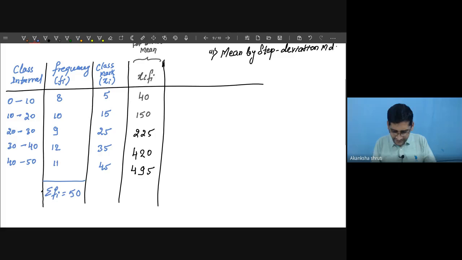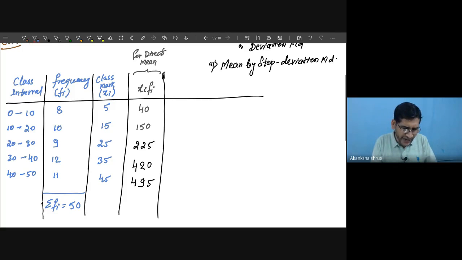Now for the direct mean method, I need to calculate this value, the summation of xi fi. Go for adding it.